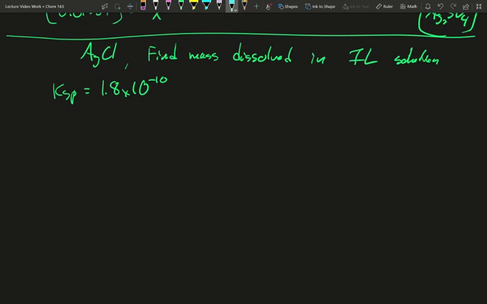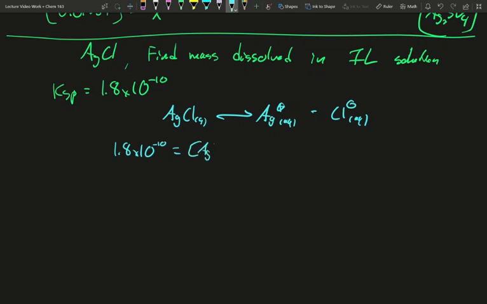Well, if you're back, this time my silver chloride solid is in equilibrium with a single silver and 1 anion, 1 chloride. So our Ksp calculation is a little different. 1.8 times 10 to the minus 10 is going to equal silver to the first this time, chloride to the first. So there's no square this time. We didn't have 2 of the silvers. We only had 1 in the formula.